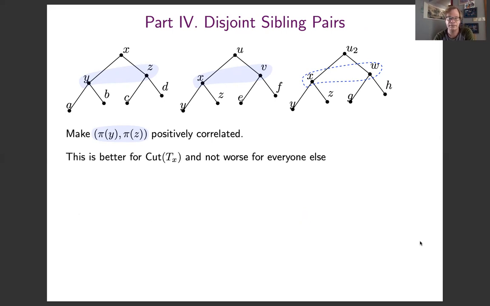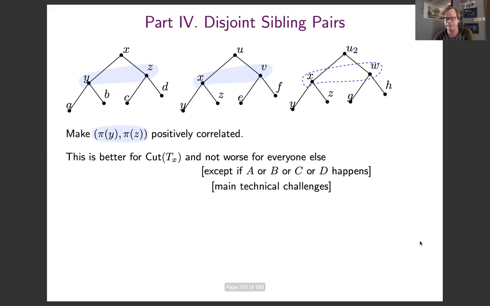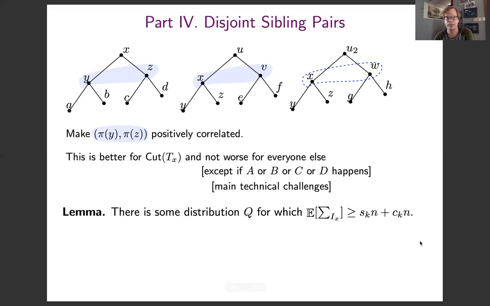I would argue that this is better for cut of Tx, and for every other tree, it's at least not worse. Well, except if special case A, B, C, or D happens, and these are the main technical challenges. But if you can deal with these technical challenges, then you can prove the lemma and you can improve whatever your formula is.